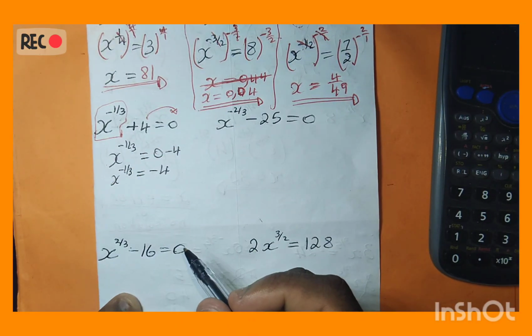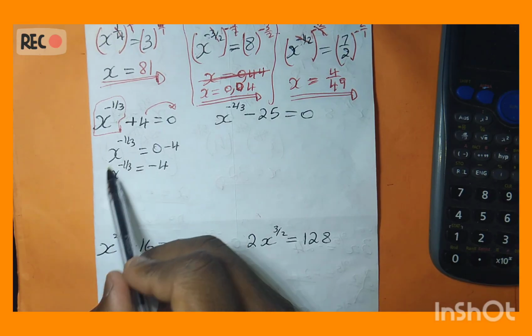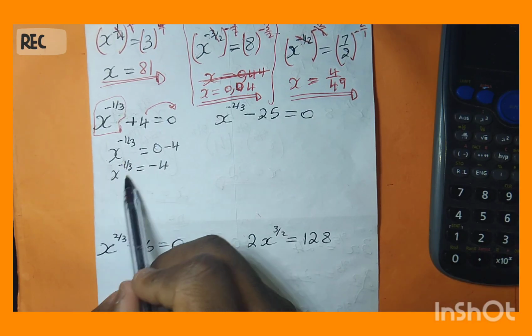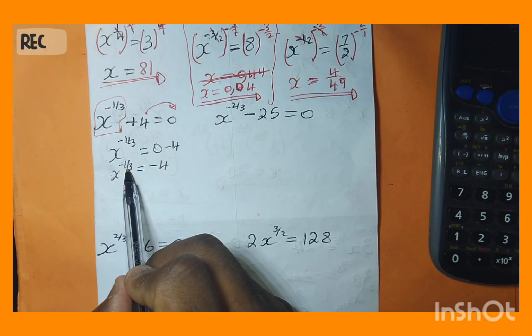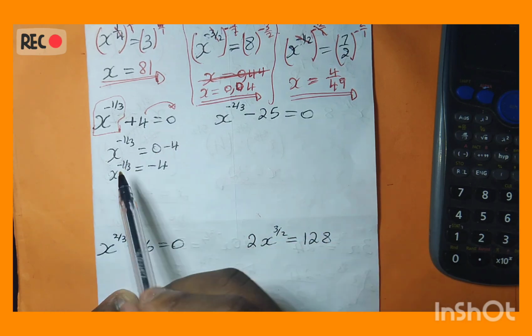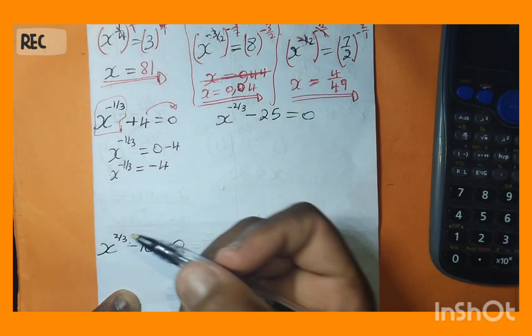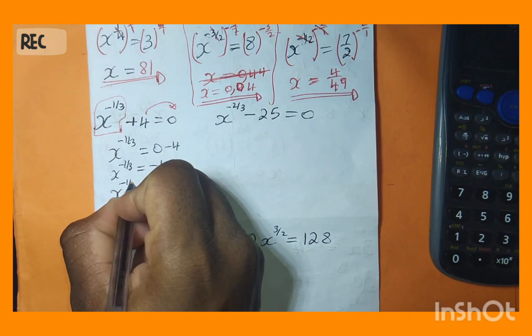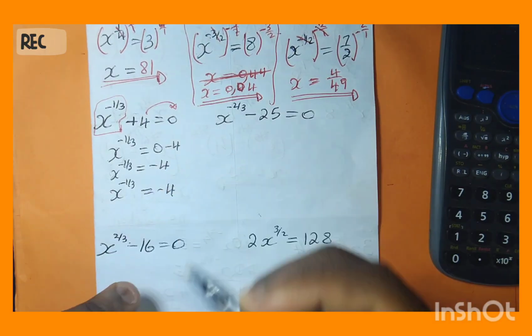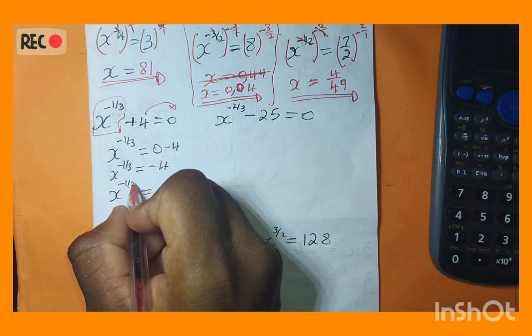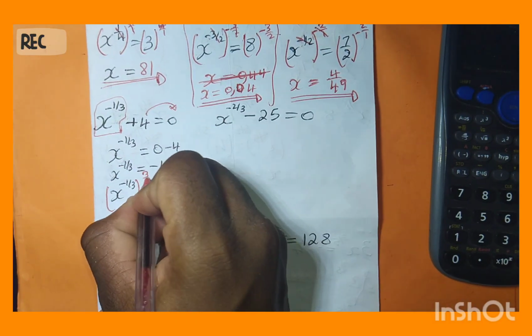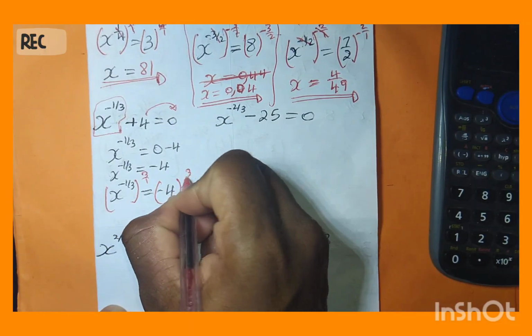And now in this case, since this is now alone, I have a base which has the exponent fraction, I can just multiply by the reciprocal of that exponent fraction. I will take the reciprocal of that on both sides. Taking the reciprocal of this, here it's 3 over 1, and there it's 3 over 1.